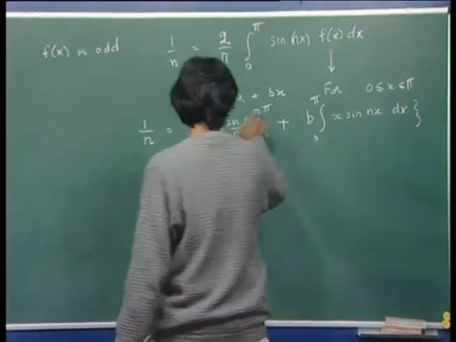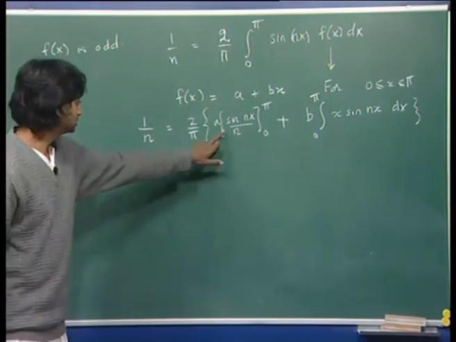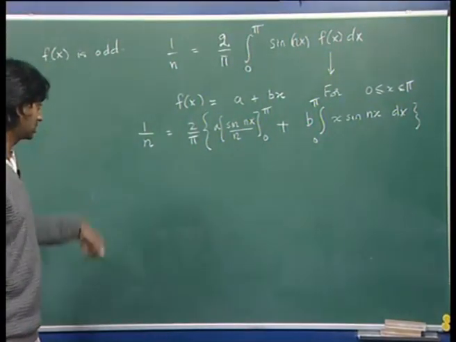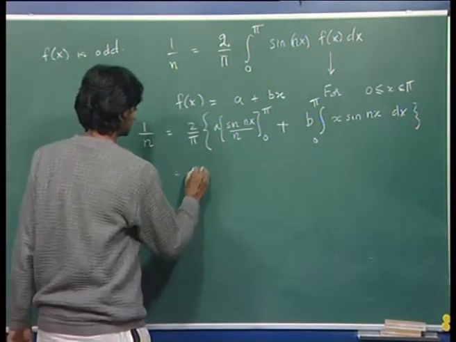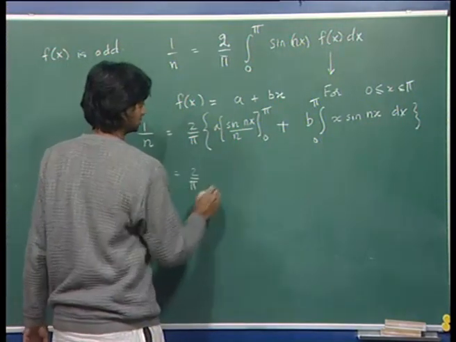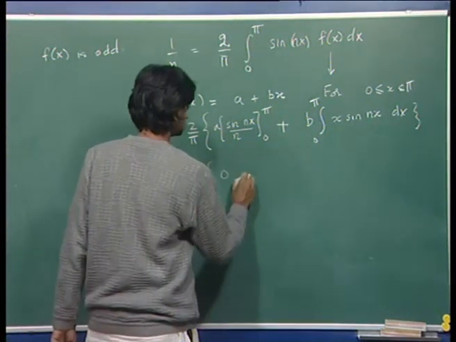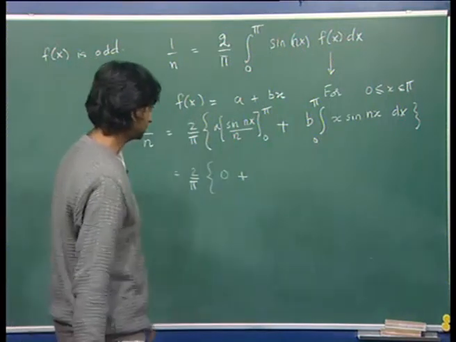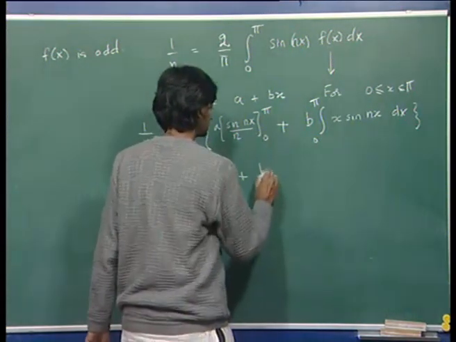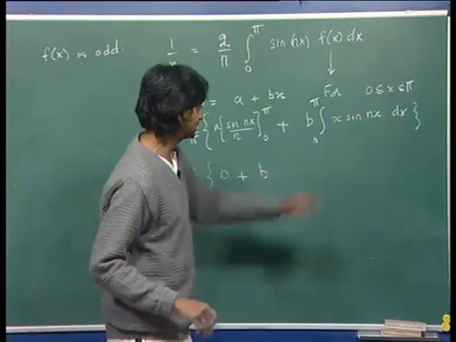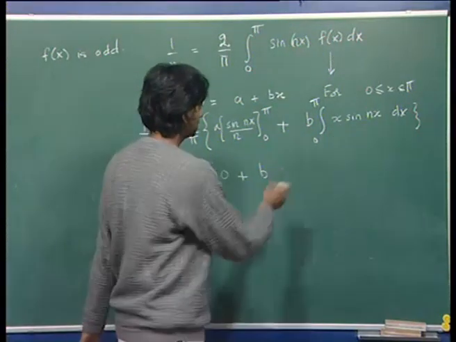Now, this term goes to 0, so this just becomes 2 over pi times 0 plus b times this integral of x sin(nx).